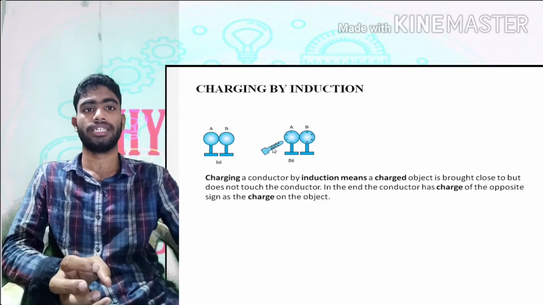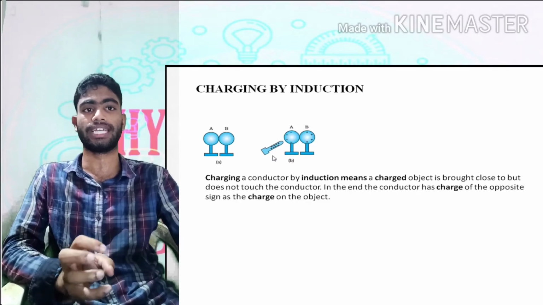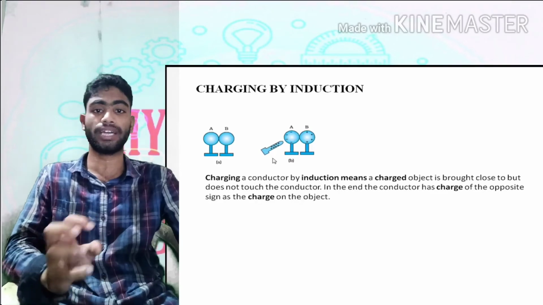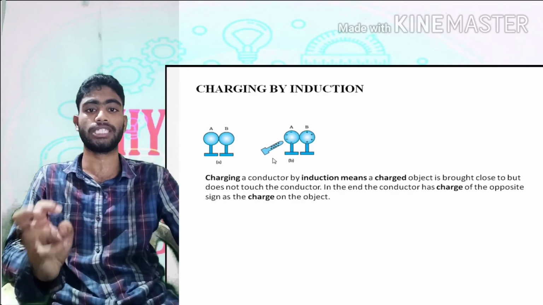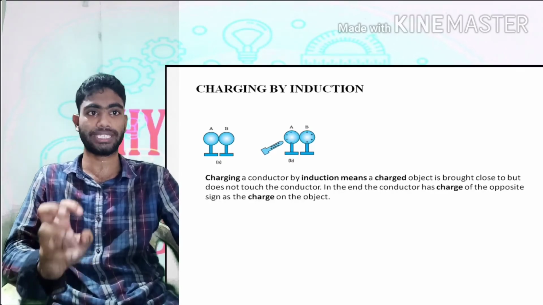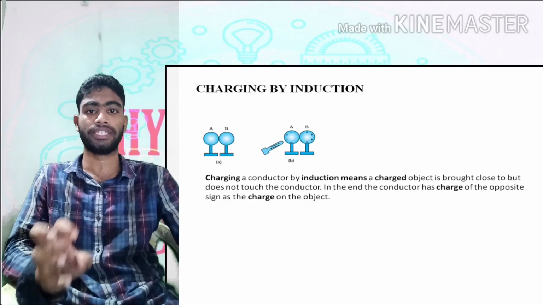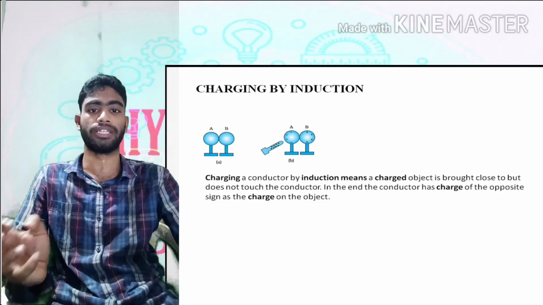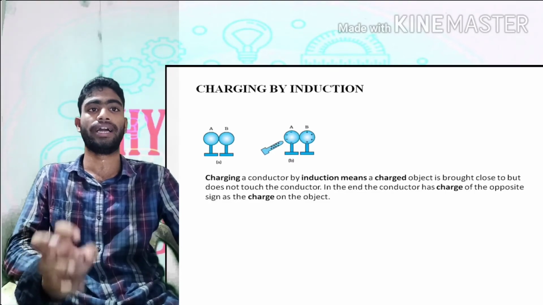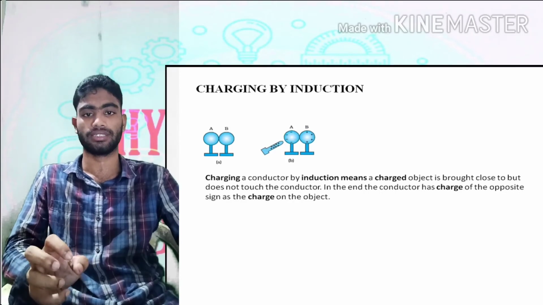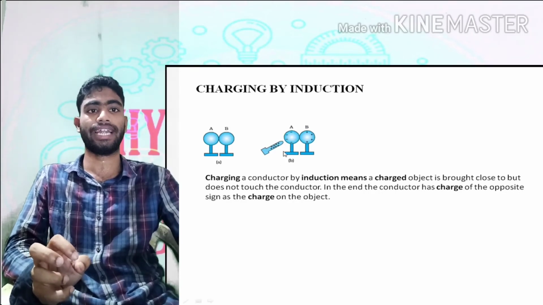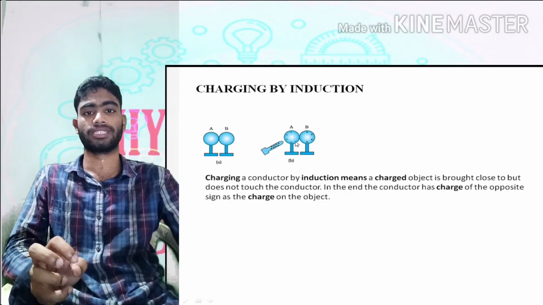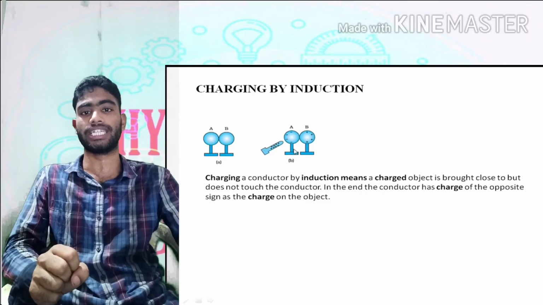Don't touch this charged body to the uncharged body. This is known as induction. Induction means charging an uncharged body without touching it with the charged body. So don't connect the charged body with the uncharged body. Simply place your charged body near to the uncharged body.